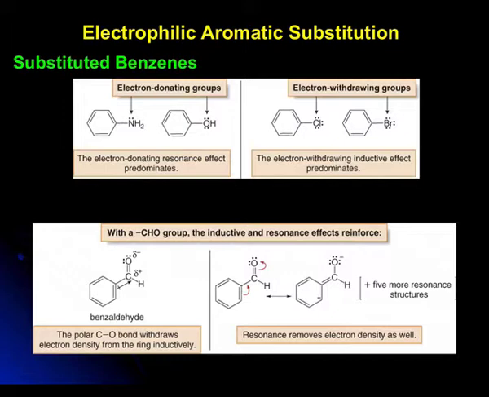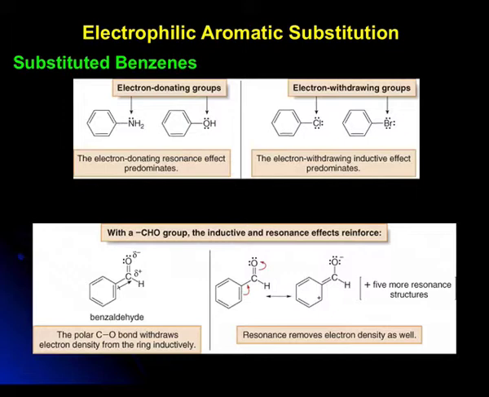So even though nitrogen and oxygen are very electronegative, they activate the ring by resonance. Resonance usually wins out here. So you end up with the aniline and the phenol group being activators.